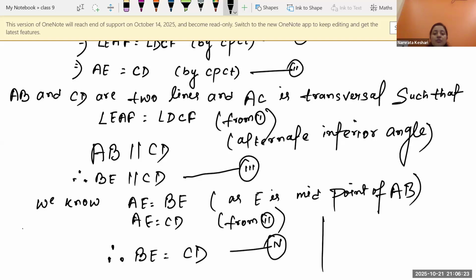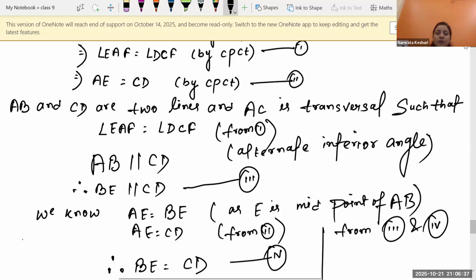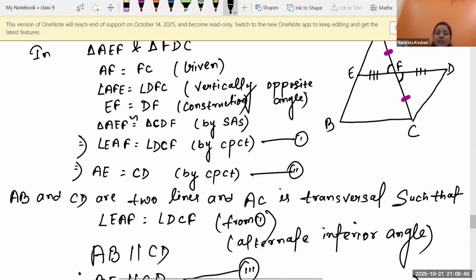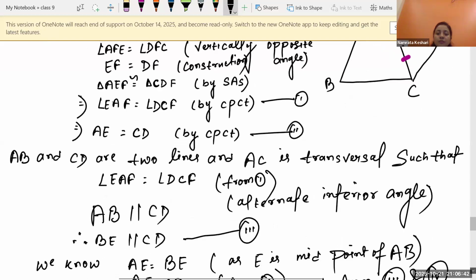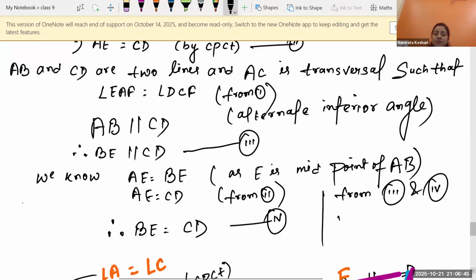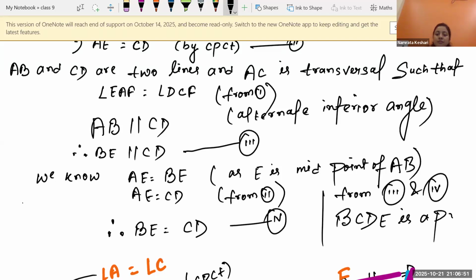So from 3 and 4, BCDE is a parallelogram. Therefore, the parallel condition which we are supposed to prove will be written over here, and we are done.